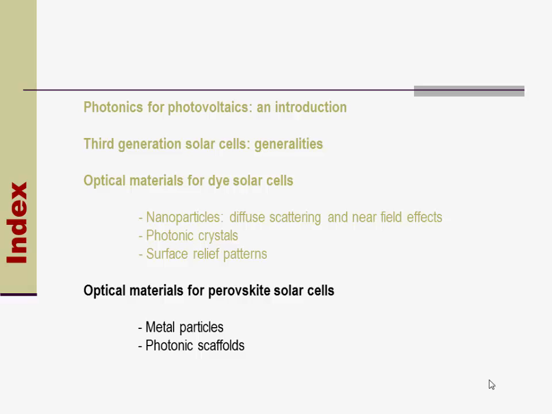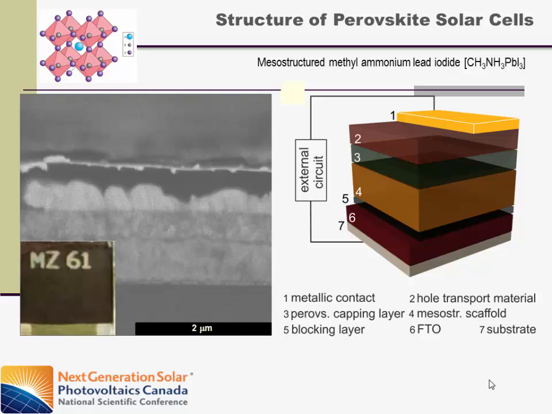Okay, so I'm going to get to the last part of my talk. I'm going to talk about perovskite solar cells and what we can do there. And I have to admit that there's not much you can do with perovskite solar cells in terms of optics, because we have very little space.